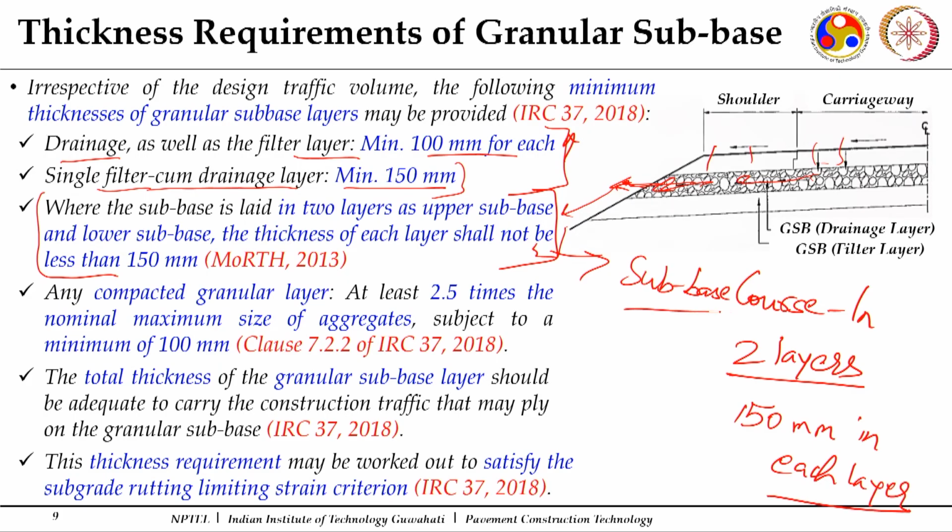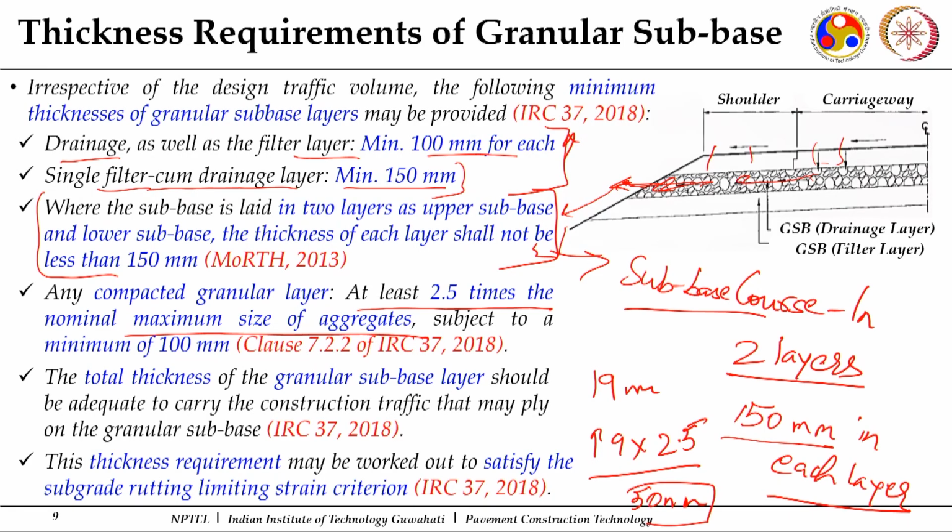So, it is advisable if you go for subbase course construction in 2 layers, then preferably 150 mm. And as I said, at least 2.5 times the nominal maximum size of aggregates is to be used as the layer thickness. So, if NMS of a particular gradation is say 19 mm, then 19 into 2.5 should be there. So, around I can say the layer thickness should be 50 mm.